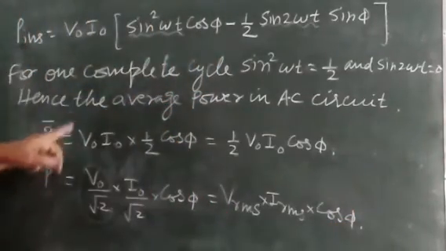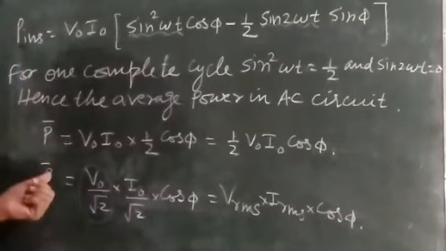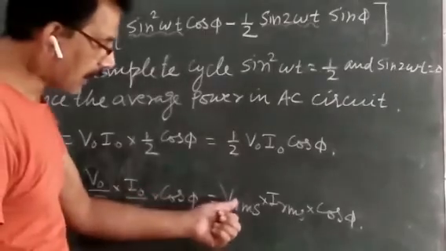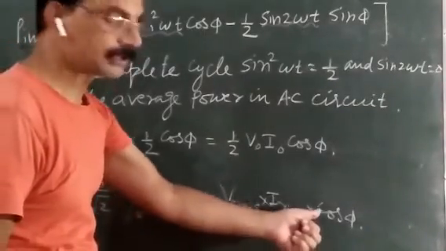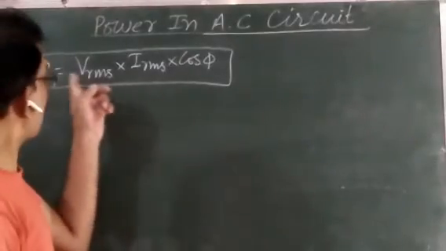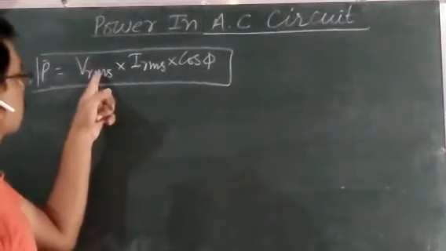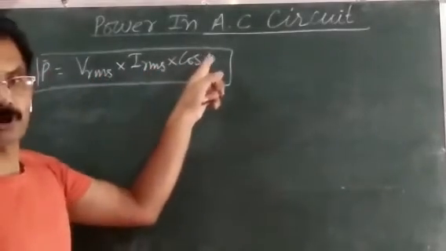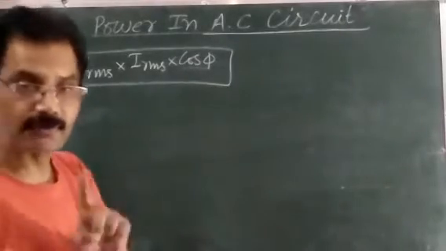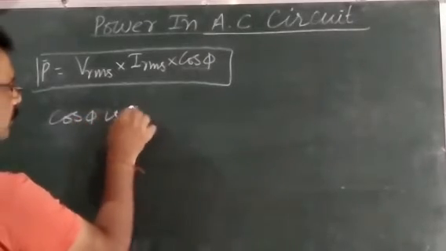It means the power in AC circuit in one complete cycle, or the average power in AC circuit, is given by VRMS into IRMS into cos phi. The term cos phi is called power factor.